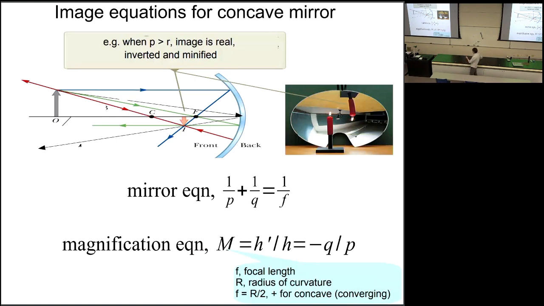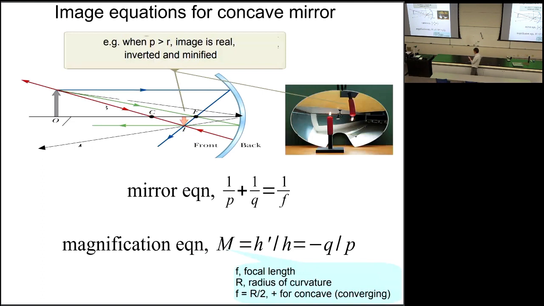So there's the mirror equation upstairs. This is all about the location of the image and the object and the nature of the mirror. And then downstairs here, this is the magnification equation. This is about whether the image is bigger or smaller and whether it's the right way up or the wrong way up. So the mirror equation says that the sum of the inverse of the object position and the inverse of the image position is equal to the inverse of the focal length.